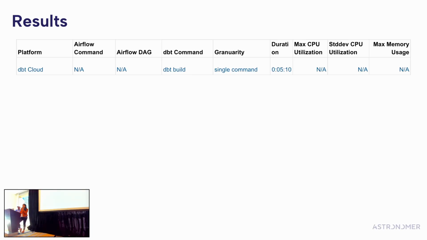From a results perspective, when we ran this particular pipeline that I discussed before in dbt Cloud, it ran in more or less 5 minutes and 10 seconds. This is an average among several runs. We couldn't set CPU and memory utilization, but you can get an idea. So around 5 minutes to run this pipeline in a commercial platform.